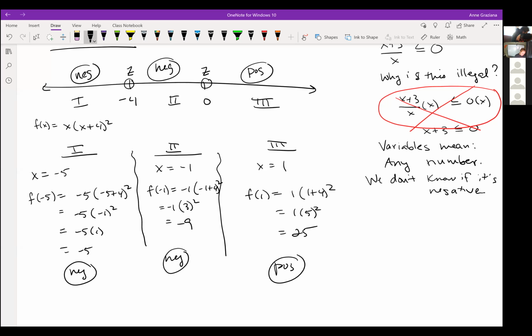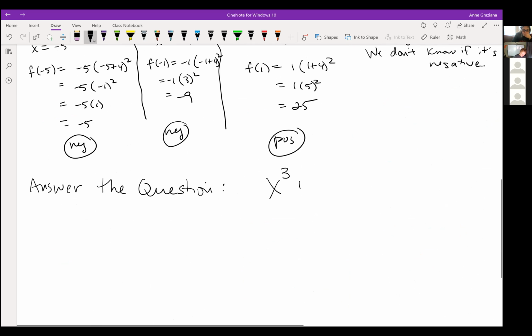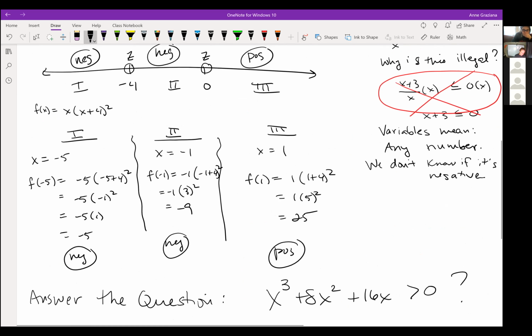So now let's answer the question, which asks us if x cubed plus 8x squared plus 16x is greater than 0. So what would you guys put?